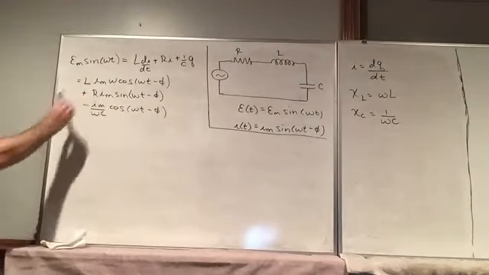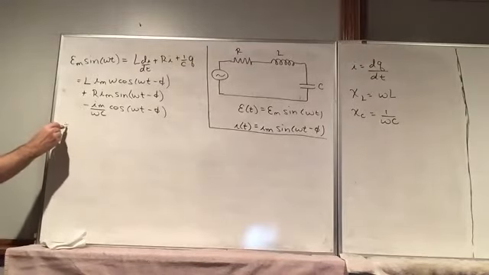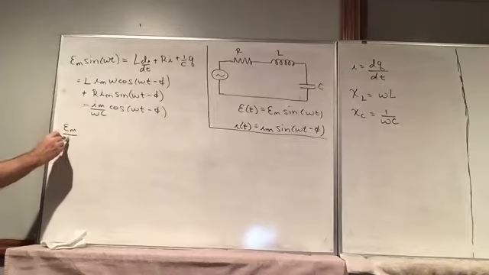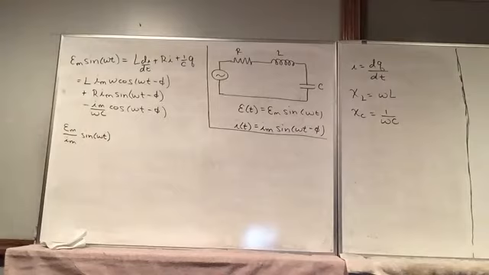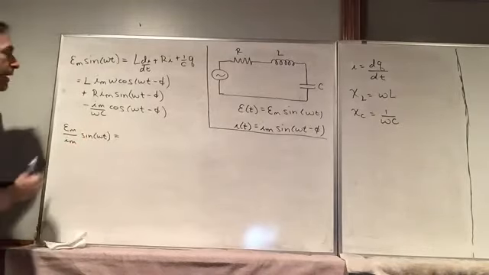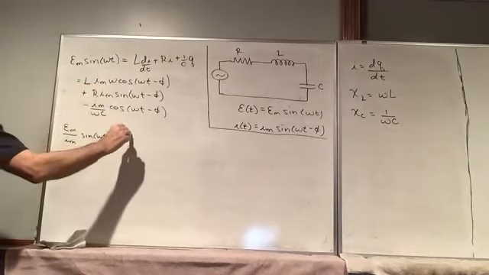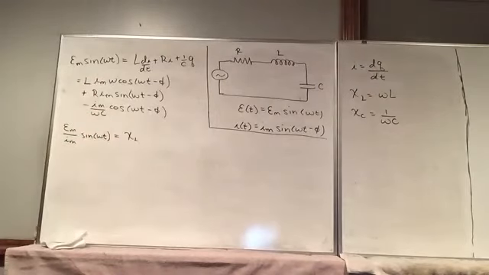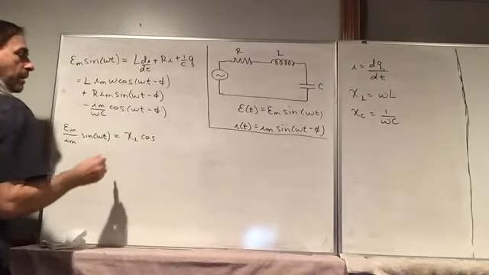Notice that each one has a peak current in it, so let's divide both sides by that. So on the left side, we have E_m over I_m because we divided both sides by that, sine omega t. And now in this first term, when we got rid of the I_m, here we have omega L, that's the inductive reactance. And then cosine.